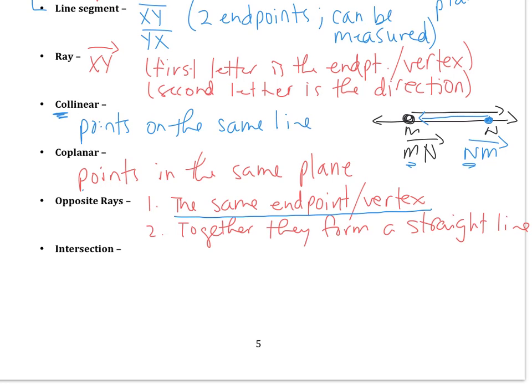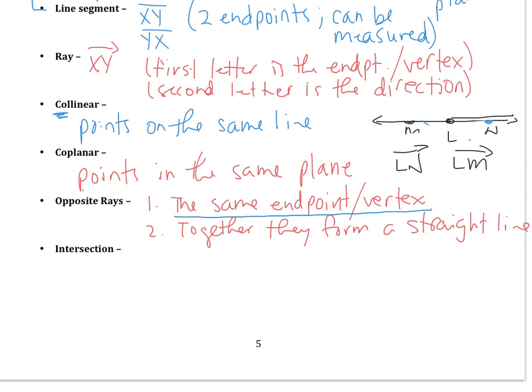Now all I'm going to do is add another letter in between. I'm going to erase this part too. I'm going to add in the letter L. So now I've got ray LN and I've got ray LM.